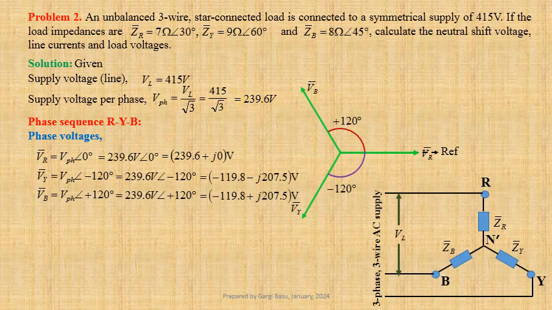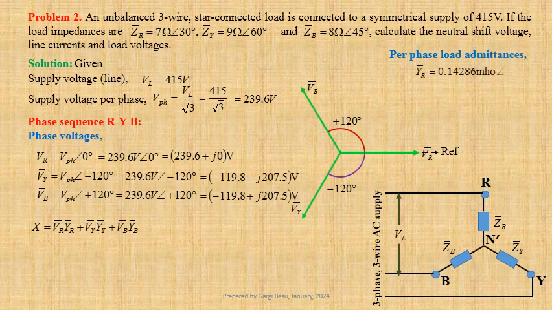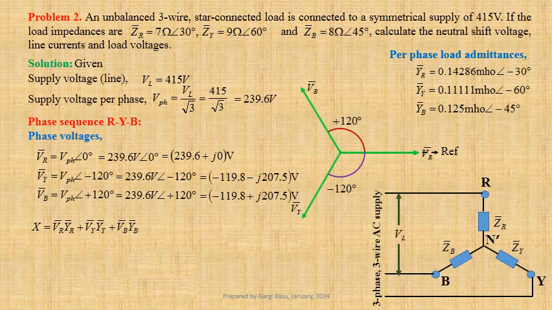Let us now calculate x equals VR into YR plus Vy into YY plus Vb into YB. We have obtained per phase load admittances YR equals 0.14286 mho at an angle minus 30 degree, YY equals 0.11111 mho at an angle minus 60 degree, and YB equals 0.125 mho at an angle minus 45 degree.